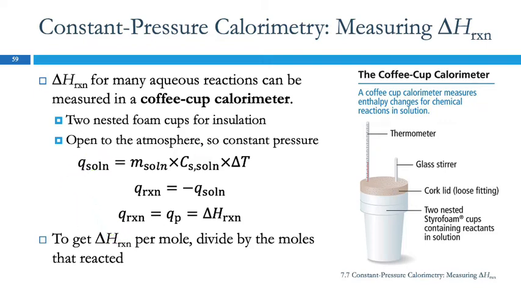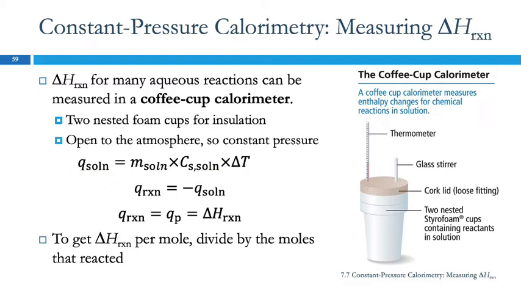The solution is the aqueous part that the reaction is occurring in, right? The water. That's what we can measure the temperature of. So we can measure the heat absorbed by the solution if we know its mass, its specific heat capacity, and we measure the change in temperature. All of that's very doable.